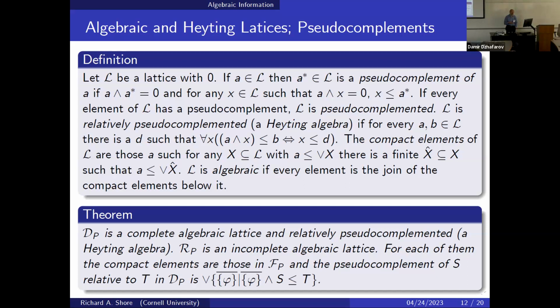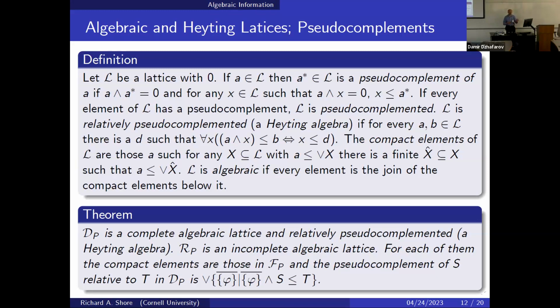I knew what a Heyting algebra was, but I don't think about it much. For those who don't know what a Heyting algebra is, this is a definition. But a better way of thinking of it is that it's a model for intuitionistic logic, because the pseudo-complement is the implication that you want for intuitionistic logic.